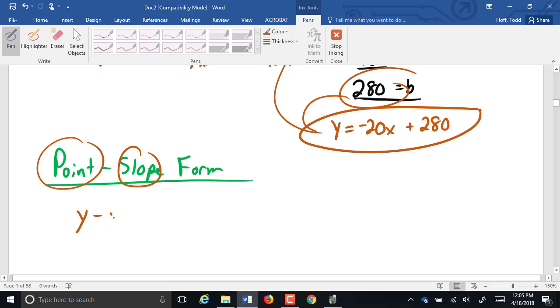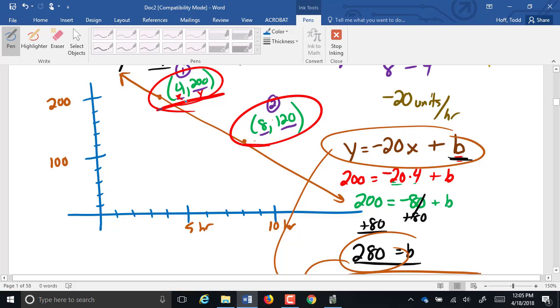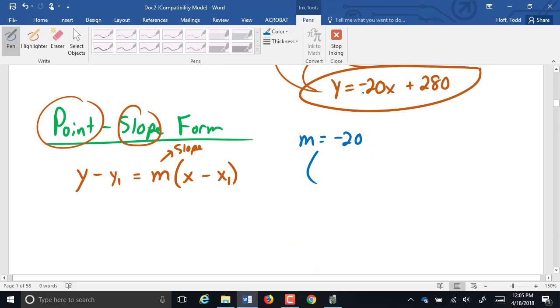So here, the point-slope form of an equation is y minus y1, which is going to be the coordinate of the point, equals the slope, we're going to use the letter m for slope, times x minus x1, which is going to be the x-coordinate of our point. So here we had the slope m of negative 20, and we had a couple of different points. I'm going to again use the 4, 200.